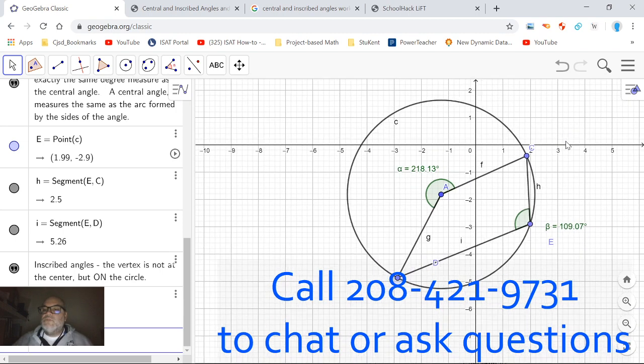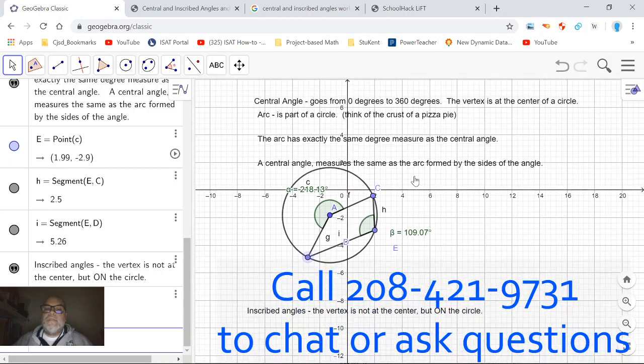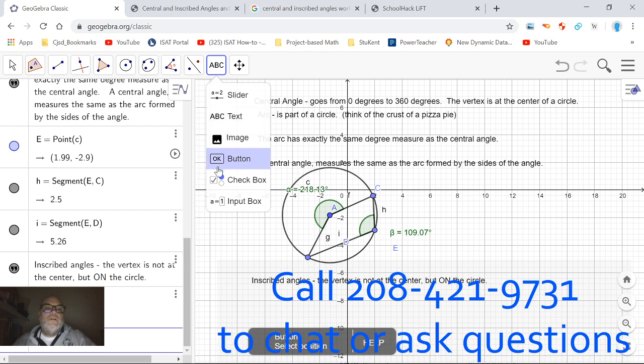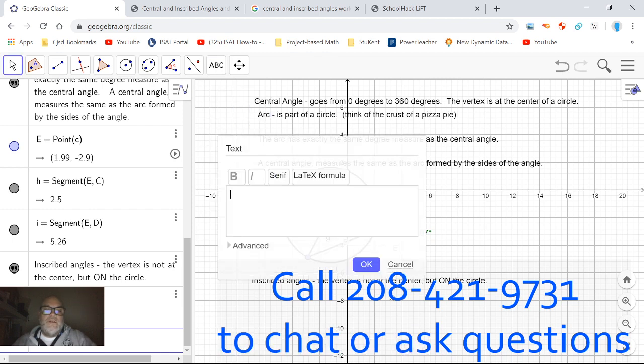So let's write that down. The inscribed angle always measures half the degrees of the intercepted arc or the central angle, right?